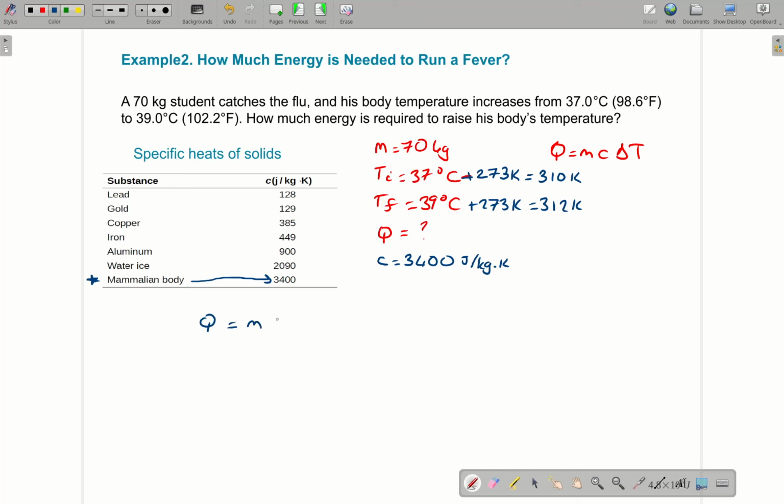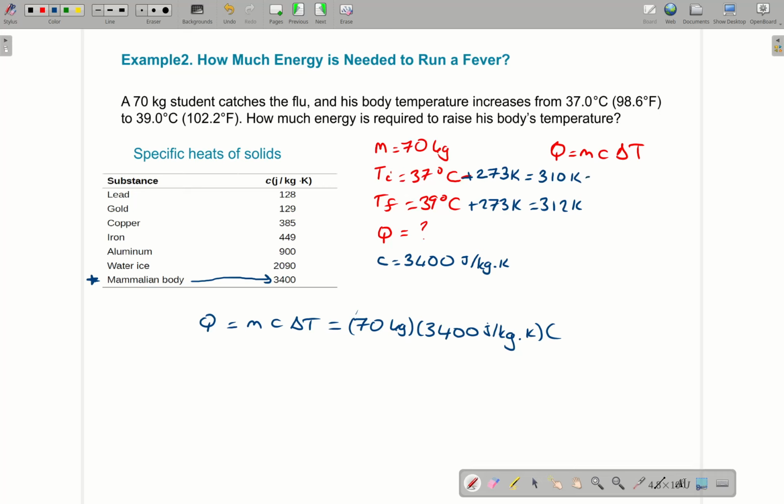Q is equal to MC delta T. Put in all the values. 70 kilogram is the mass, 3400 is the heat capacity.